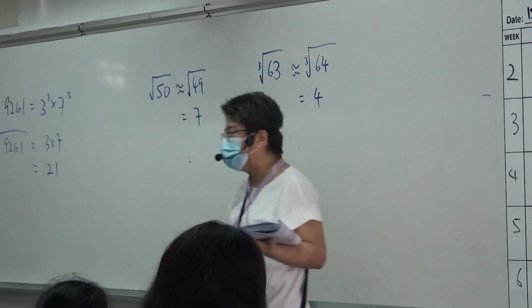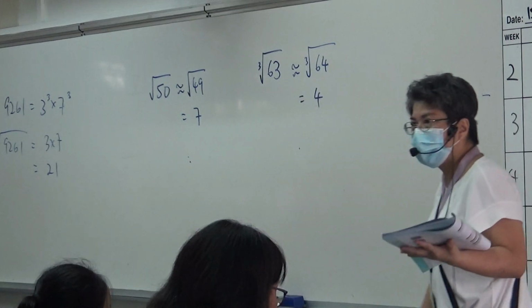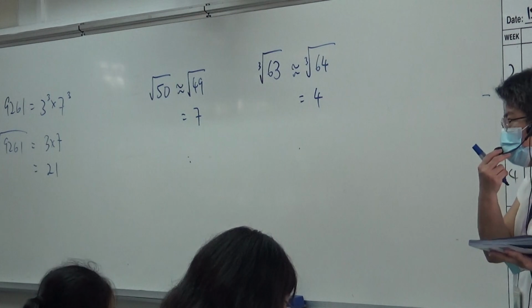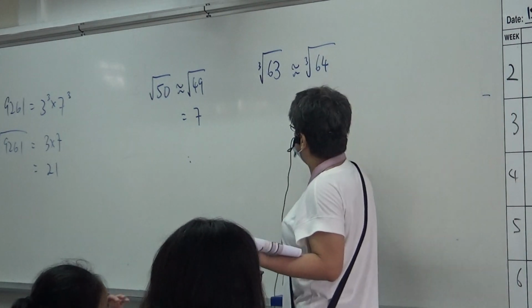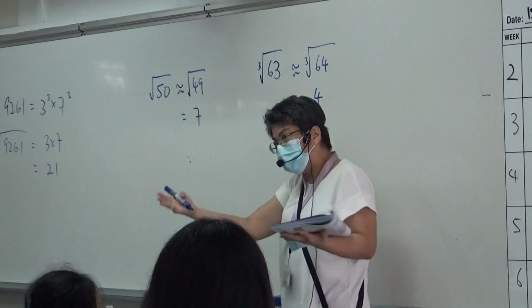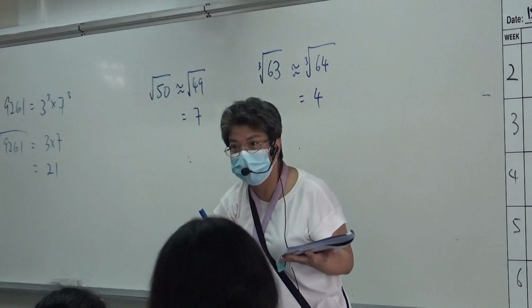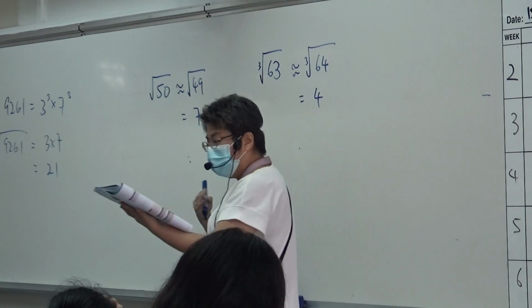So cube root of 63 should be 3 point something. I can also ask you in the exam, right? Is it more or less? You must be able to tell me. You understand? Yes or no. Okay, no problem.